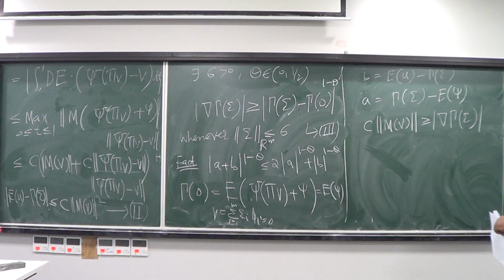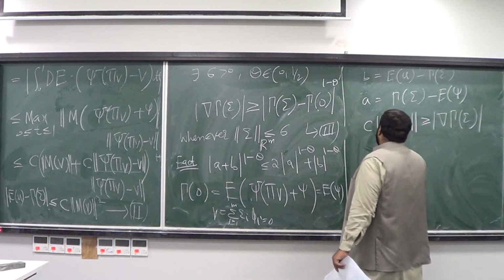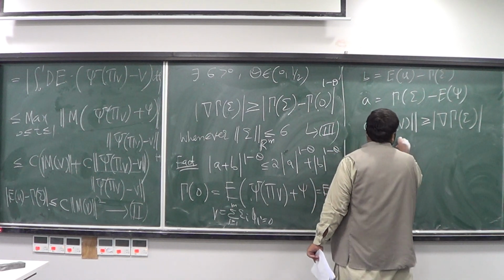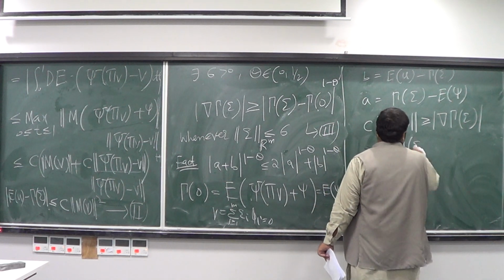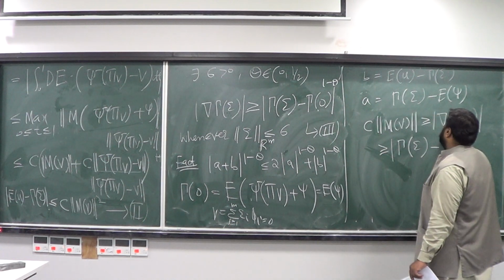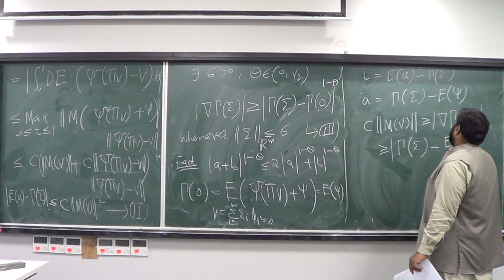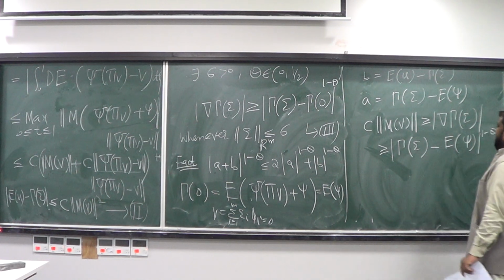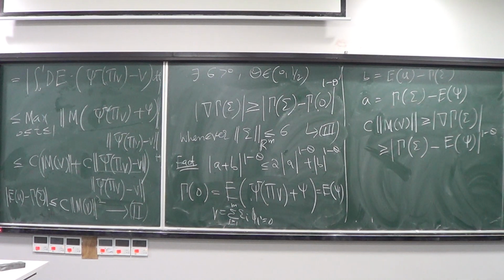Now by the Łojasiewicz inequality, the gradient of Γ of ξ is bigger than or equal to Γ of ξ minus E of ψ to the power 1 minus θ. So this is the Łojasiewicz-Simon inequality.